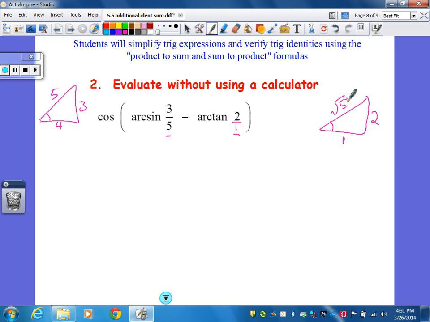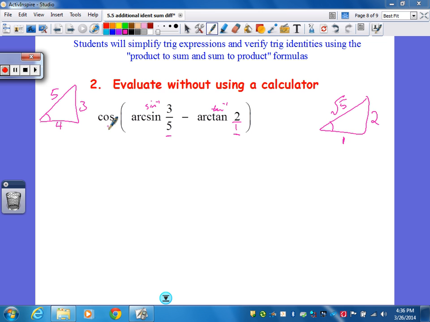Okay. Well, we also know that we have a sine inverse and a tangent inverse, and we're just finding those angles. Once again, we're really dealing with cosine here.